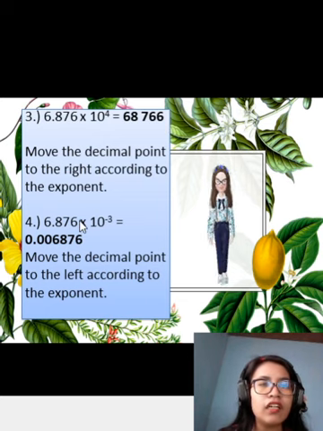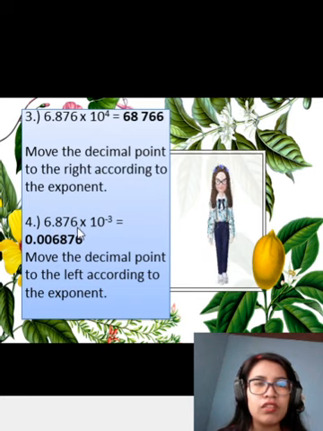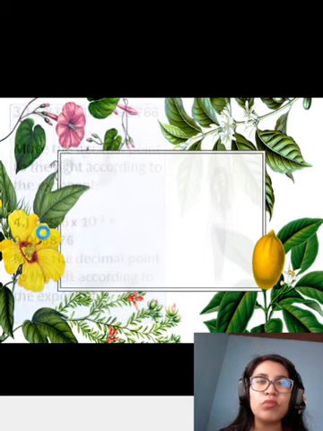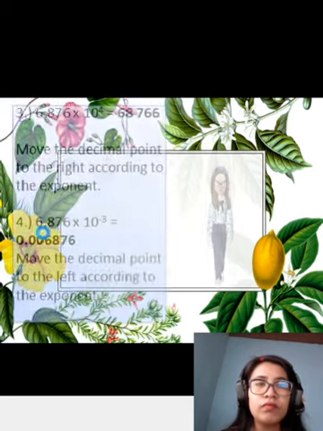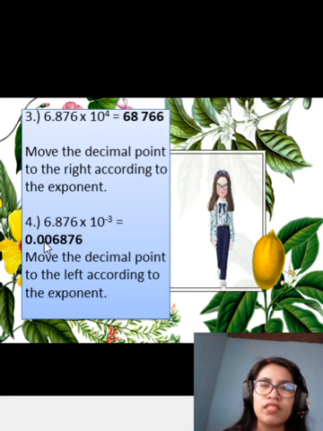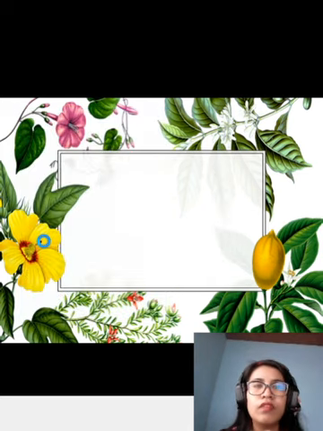Okay, then the other one is 6.8776 times 10 to the negative 3. This time you will move your decimal point to the left since it's a negative 3. So move 3 places. 1, 2, 3. You will now have 0.006876 as your final answer.